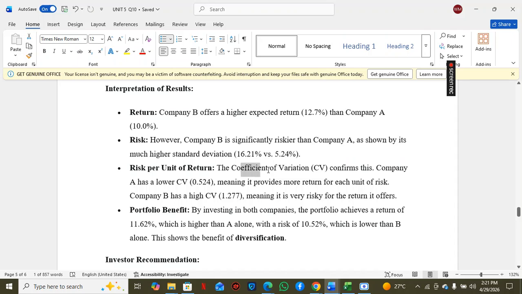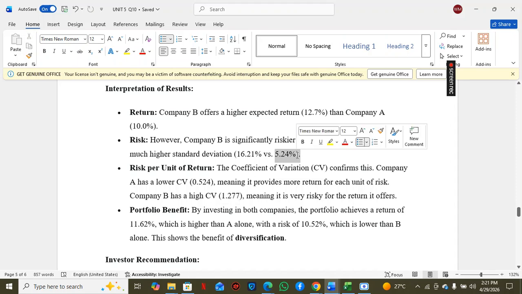And the coefficient of variation showed this because company A had a lower coefficient of variation, 0.52. 0.52% risk for every 1% return. Company B had a higher coefficient of variation. That's why it's more risky. It's represented with a higher coefficient of variation.